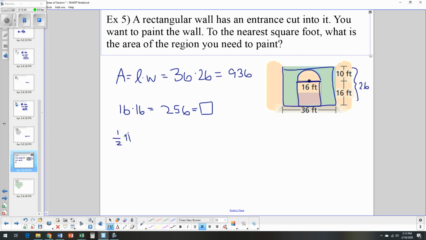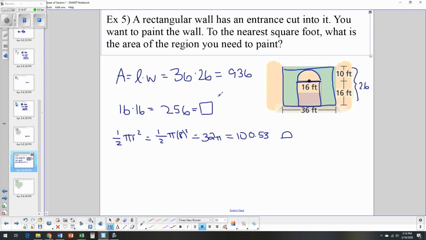So that's half of pi r squared. We notice the diameter is 16, which means the radius is 8. So we're going to do half of pi times 8 squared. We're going to make sure to square the 8 before we take a half. So that's 64. Half of 64 is 32. So that's 32 pi, or 100.53 for our semicircle.